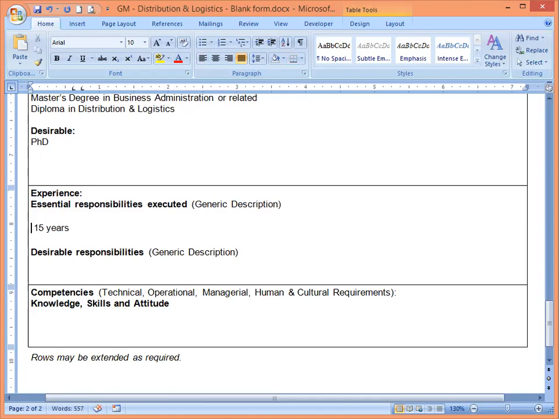If you put minimum, then the recruitment manager would always go for the minimum, okay? Because it is stated here minimum. It can go higher but not lower because the job description already said minimum, okay? Years, minimum years. Okay, this is essential again, experience.